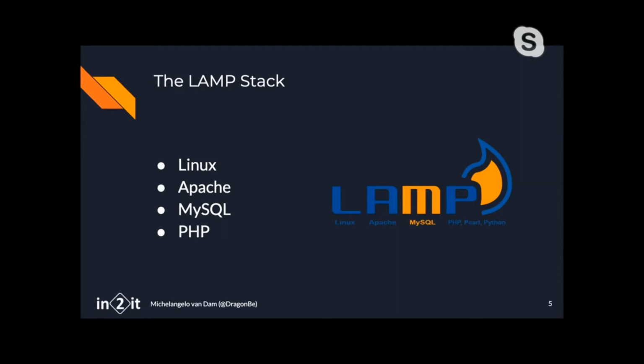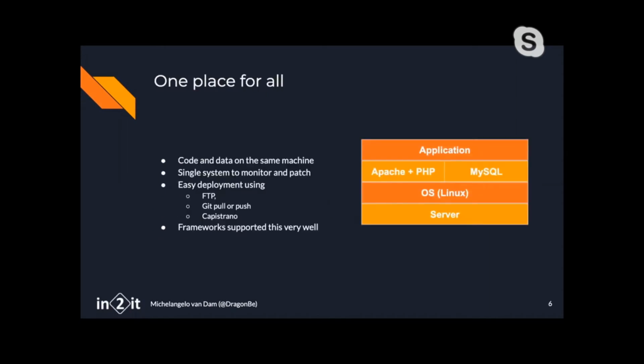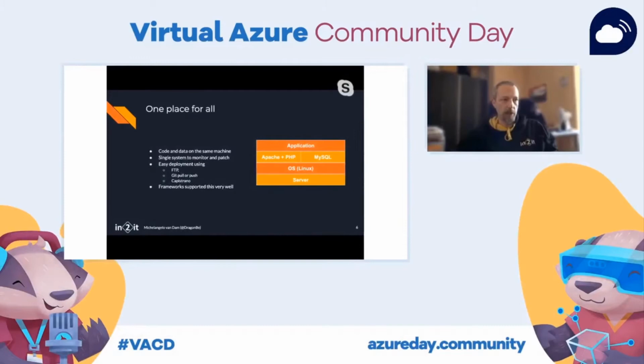But the general idea was to have PHP as the main technology there. When you have a LAMP stack, you have your application logic built with PHP combined with an Apache web server, a MySQL database, often run on Linux as the OS, and you have a virtual or a physical server underneath.